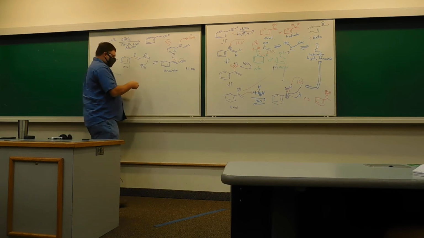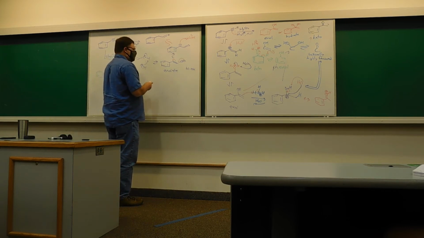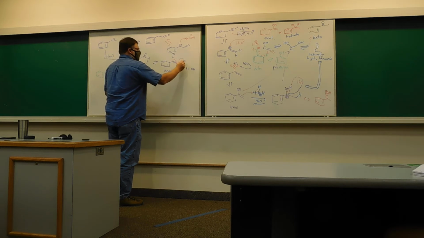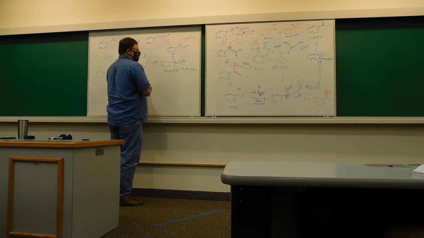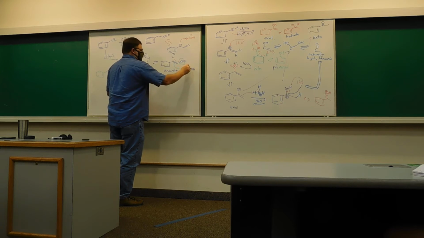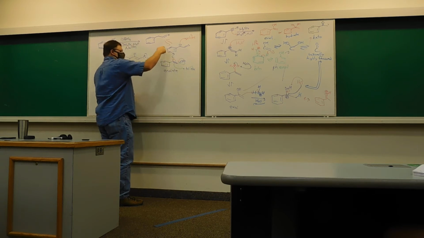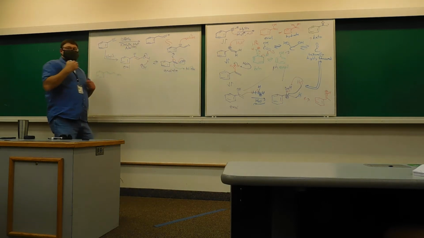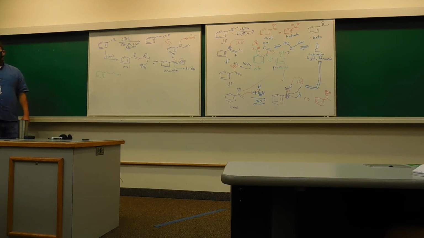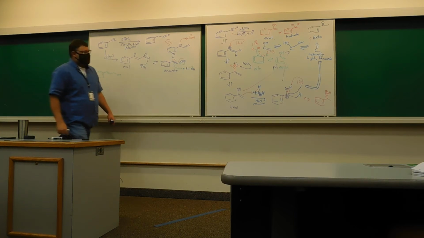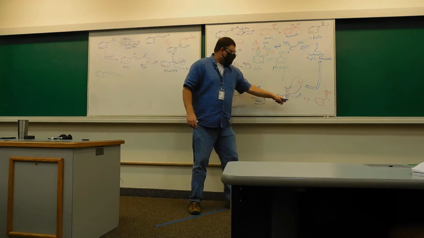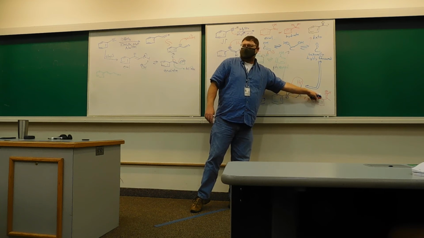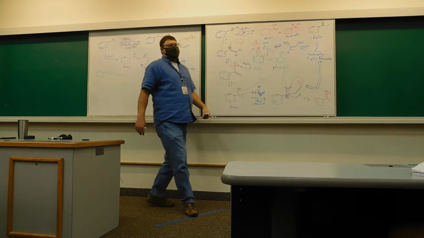The other way you could do this mechanism straight from here would be make that pi bond and grab the H there. Remember, resonance structures are the same molecule, so it's not correct to use one of those resonance structures in the mechanism and not the other. Same over here. You could use this resonance structure, you could use that one. Doesn't matter. They're the same thing.